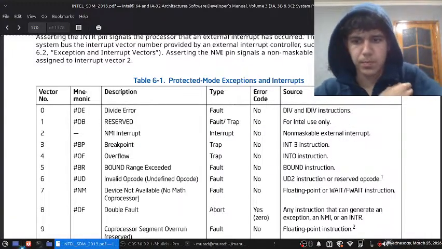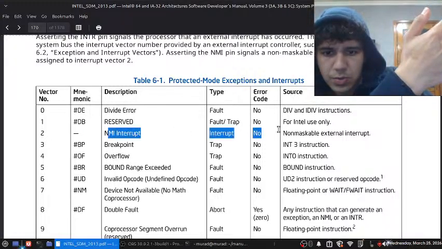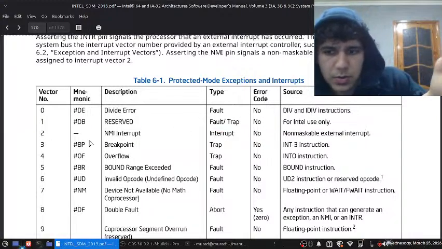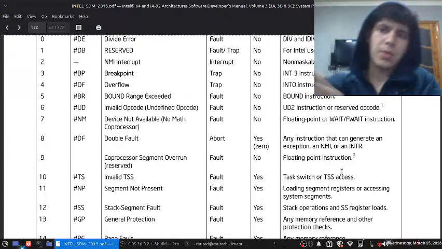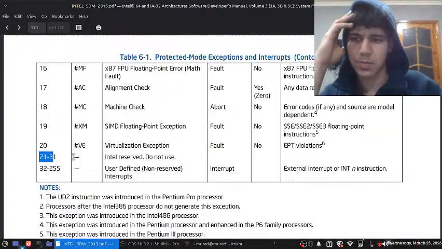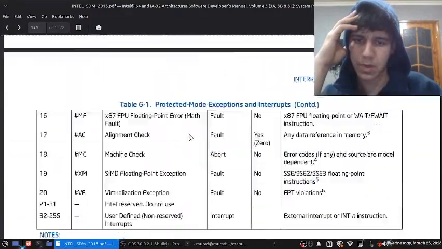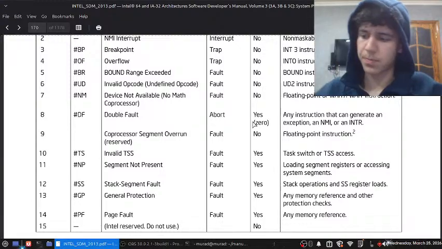Okay, I won't handle it because it is IBM's mistake. The interrupts are in this interval, like 32 to 255. They are all interrupts. Okay.